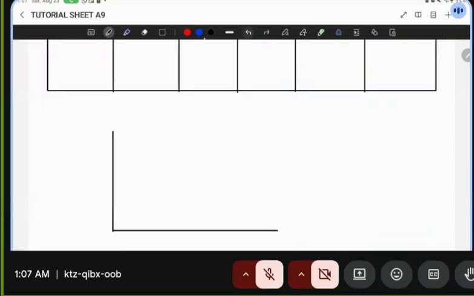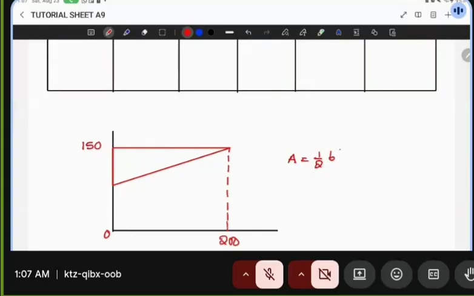The triangle is this side. We know that going all the way up to there is the 200. Going all the way from the bottom from 0 up to the top is a 150. So first, for a triangle, we know the area of a triangle is half B H. What would our B be in this case?